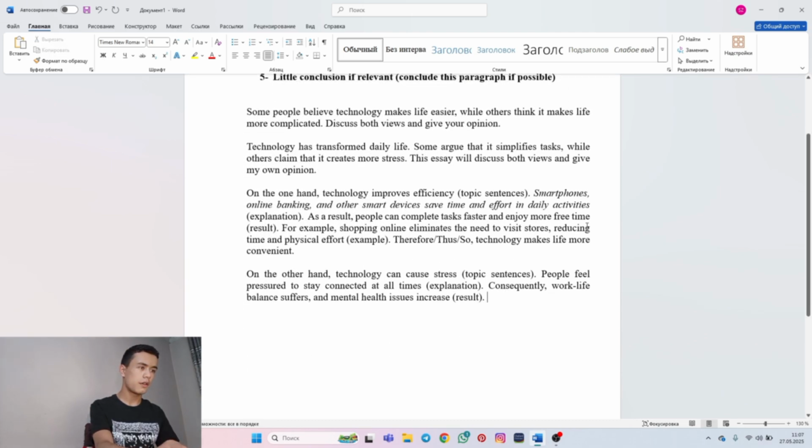Here we have used for example, and we can use for instance, right? We just have to use some alternative words.